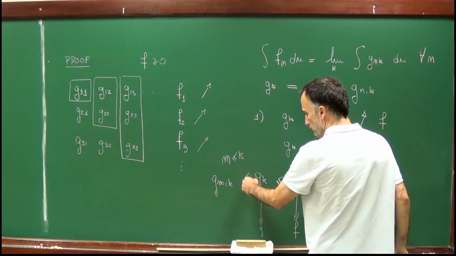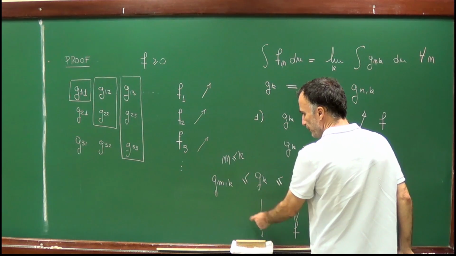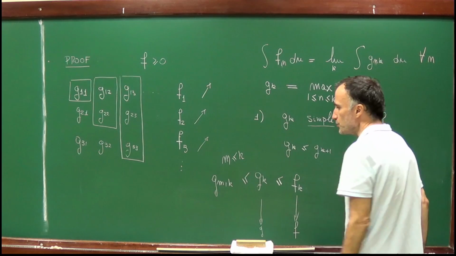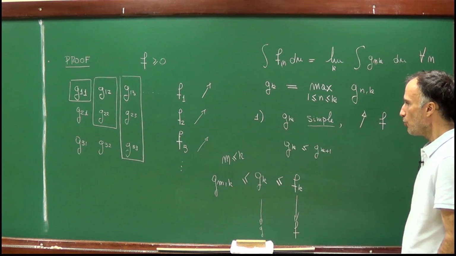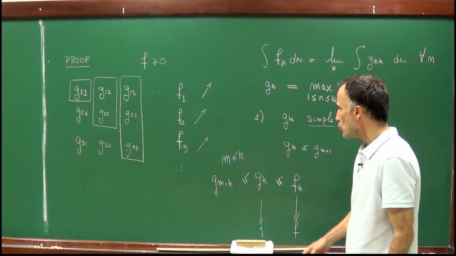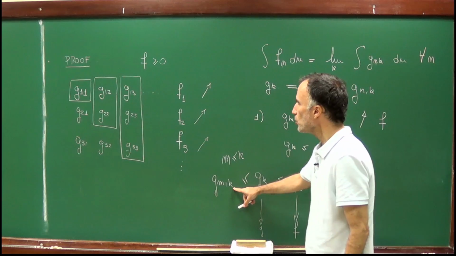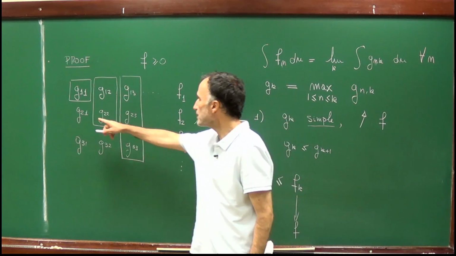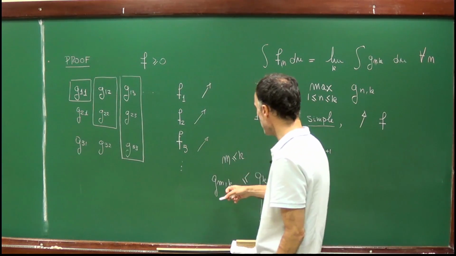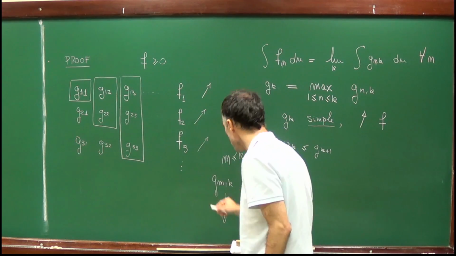What we obtain from that is that the limit of the sequence g_k is larger than g_{m,k} for any m smaller than or equal to k. So now if I fix n and send k to infinity, I'm fixing a line and sending the column to infinity, and this sequence is converging to f_n.